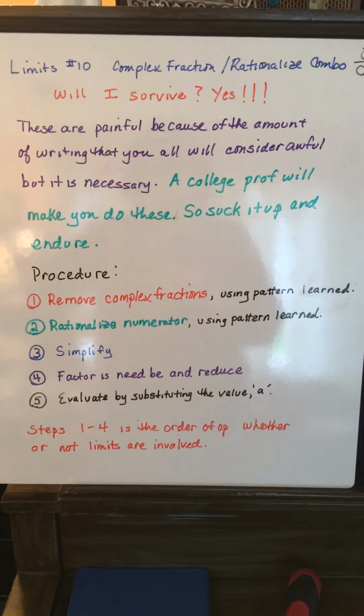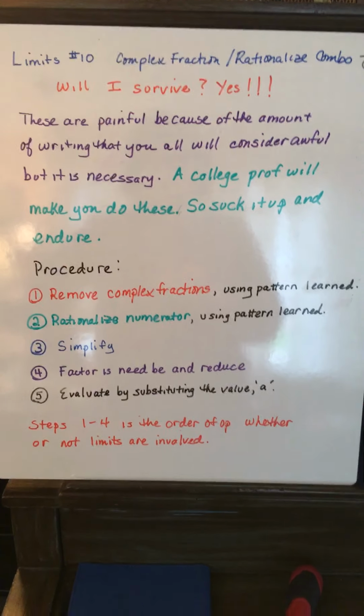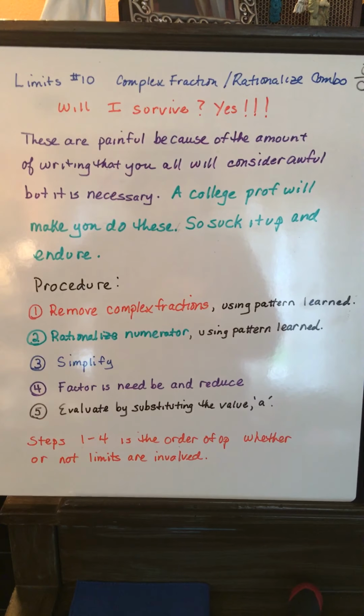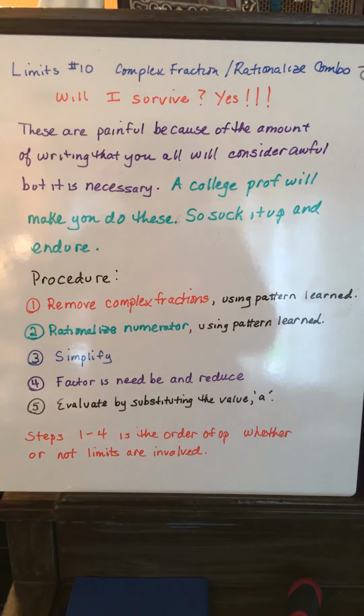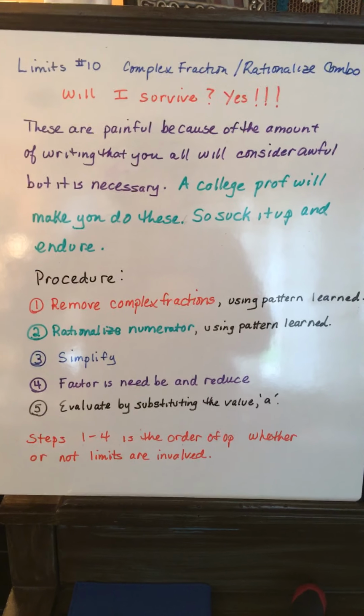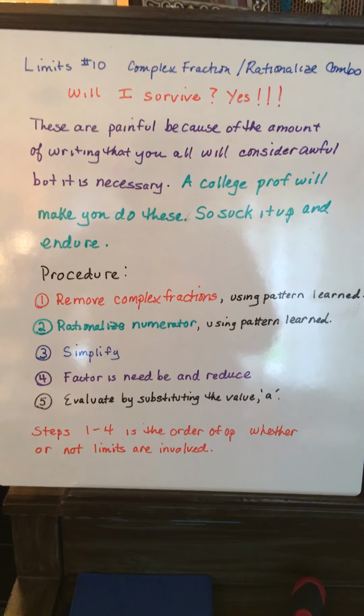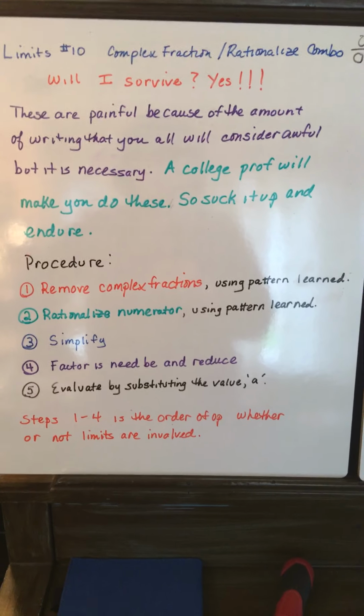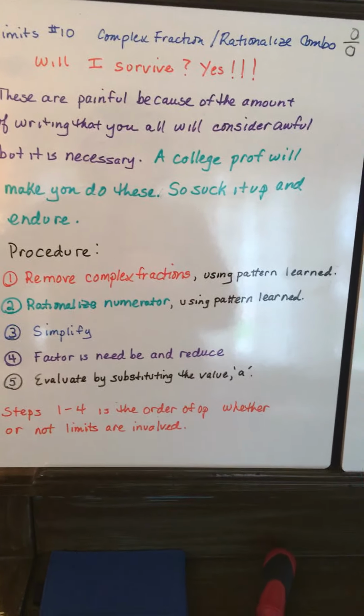And so you will then evaluate by substituting the given value in, which in this case will always be 0. Steps 1 through 4 is the standard SOP order of operation, whether or not limits are involved.